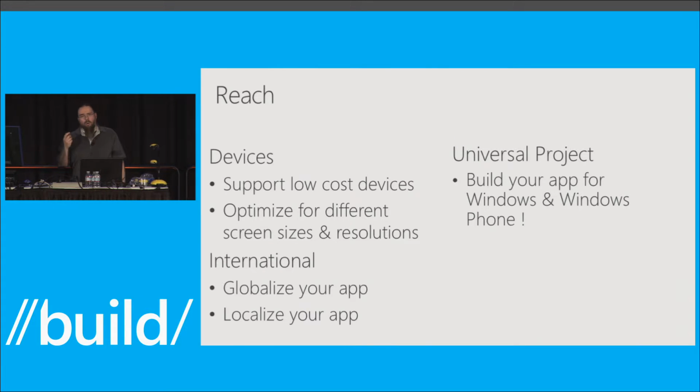There are other important aspects of reach that I want to point out. One is optimizing for different screen sizes, different screen resolutions, different themes, and the like. That is another thing where the 8.1 XAML platform makes things really easy for you, and the tooling supports it very well.